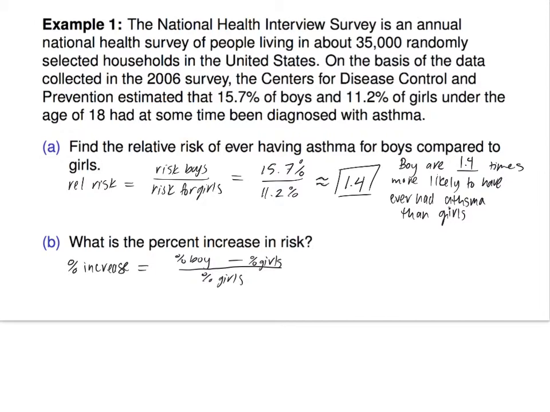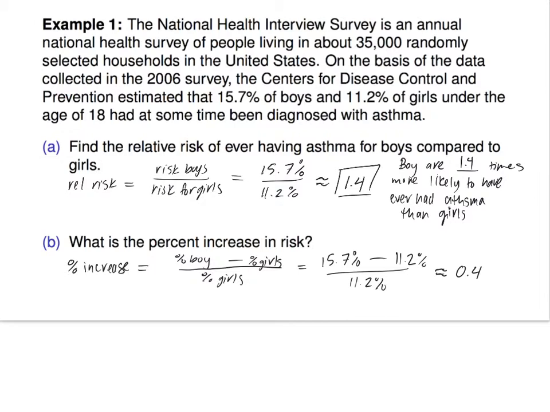So let's just fill in the stuff there. What percent of boys have asthma? 15.7. What percent of girls have asthma? 11.2. All over. And this gives you, I think, approximately 0.4.